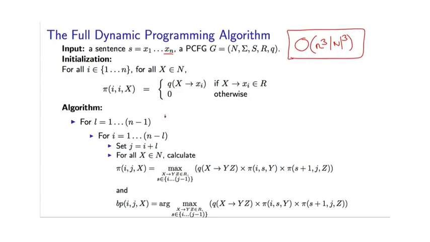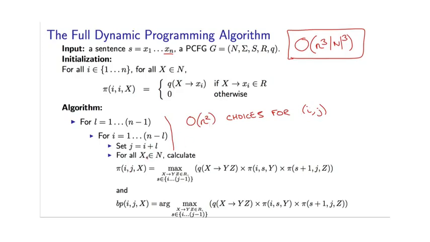If you consider this algorithm, there are order n squared choices for i, j. That's the start point and the end point for the pi value we're calculating. So we have basically order n squared choices for these two variables.